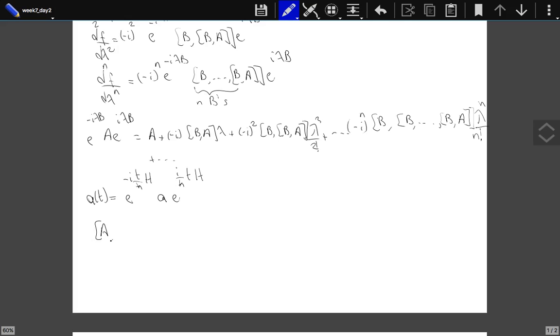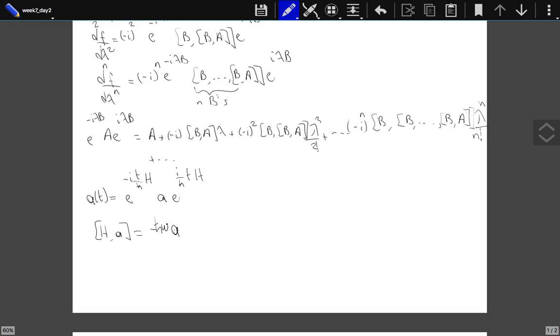So the commutator of H and A is equal to A minus h bar omega.